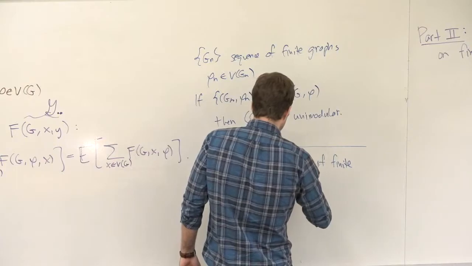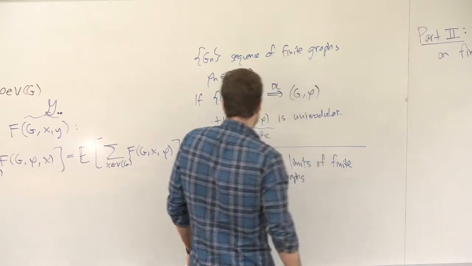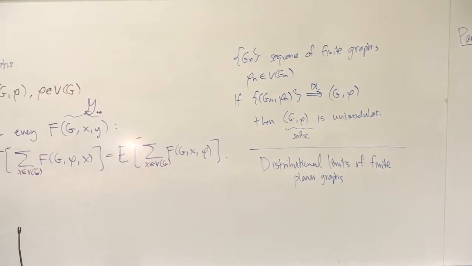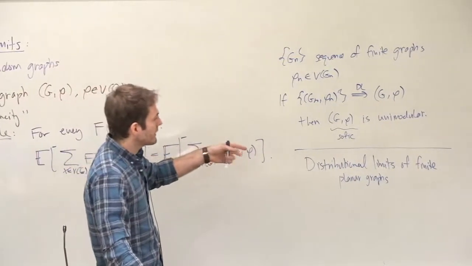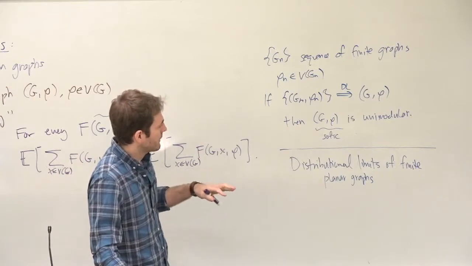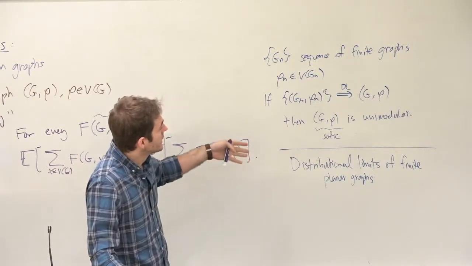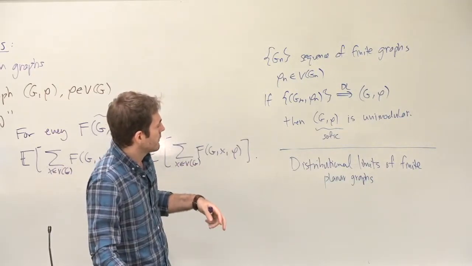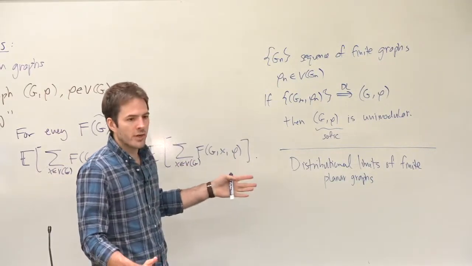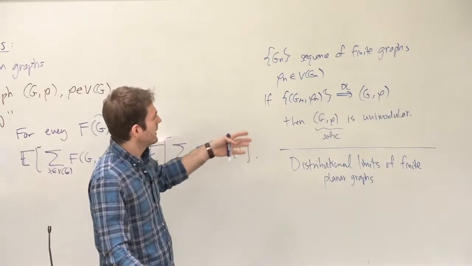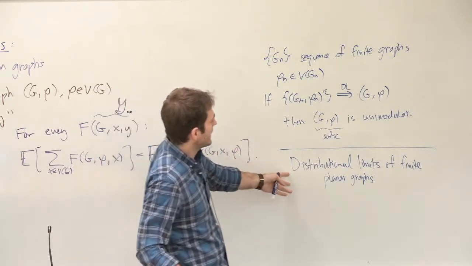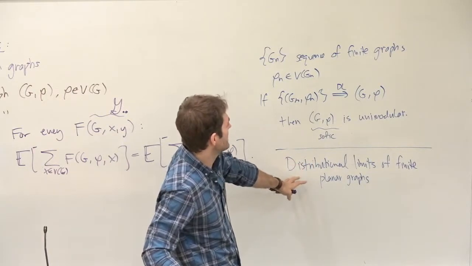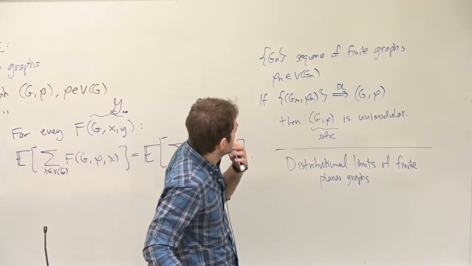In fact, this is what motivated Benjamini and Schramm in the first place to define these distributional limits, because there are models of random surfaces coming from 2D quantum gravity and related studies where you want to consider very large random triangulations. And then in studying those things, they decided it's nice to associate a fairly simple limit object to a sequence of such things.